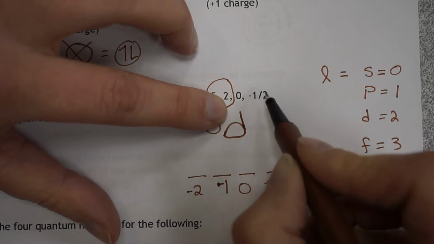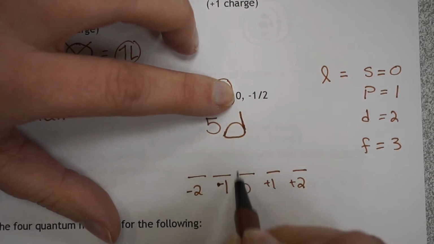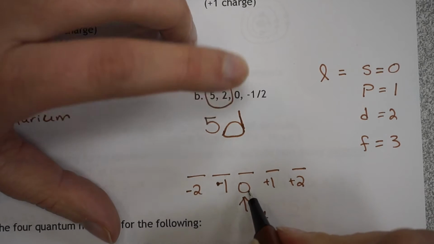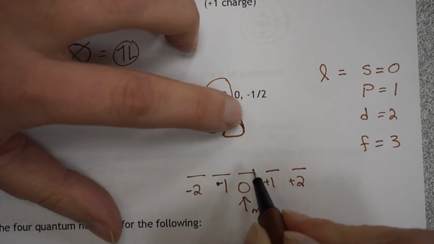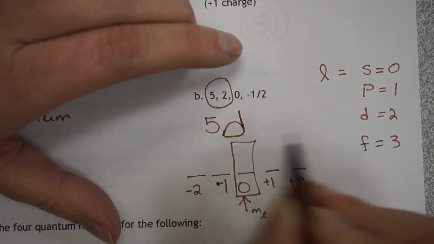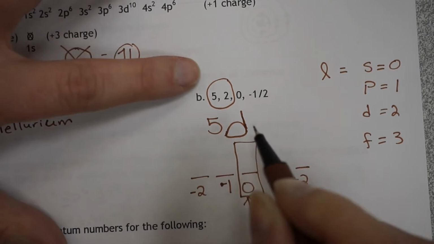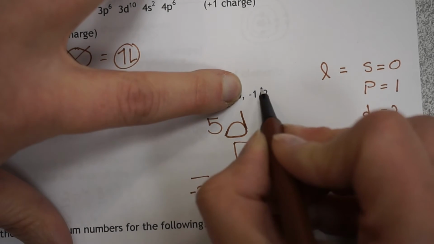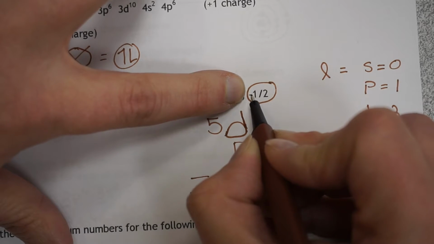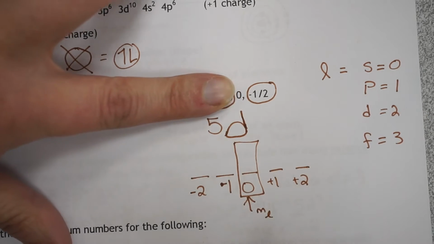Now, 0 represents this thing. That's M sub L. So we know that whatever this electron is that's supposed to go up here is going to land in that 0 orientation. So then we know that it's going to be the electron that's not pointed up but is pointed down, and we know that because of the negative charge right there.